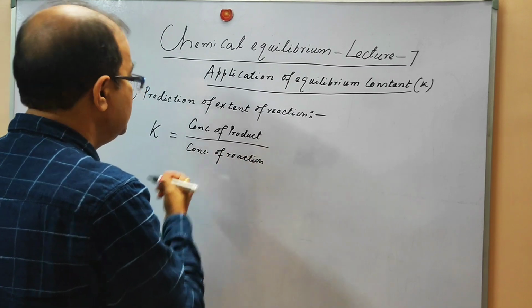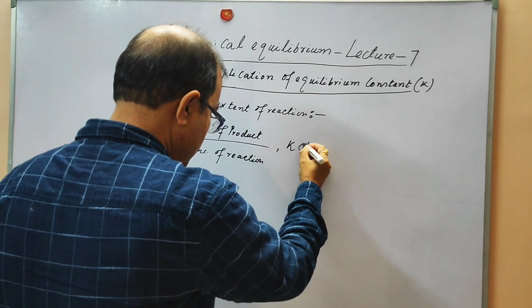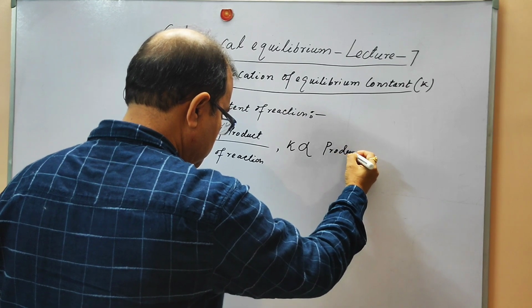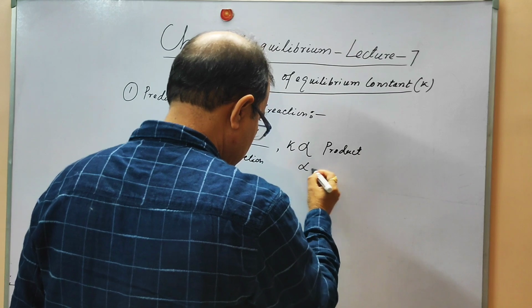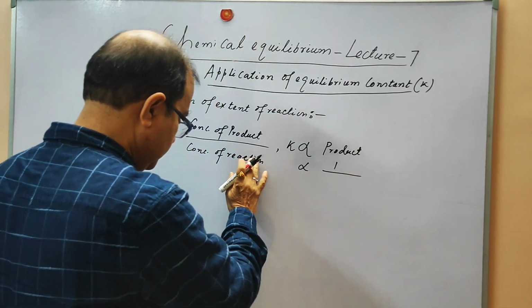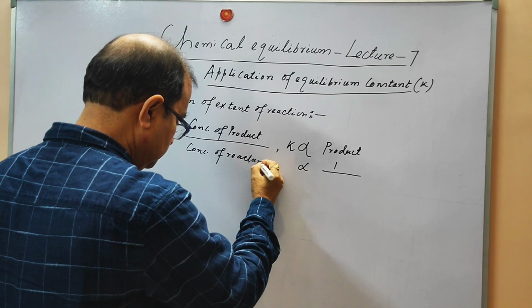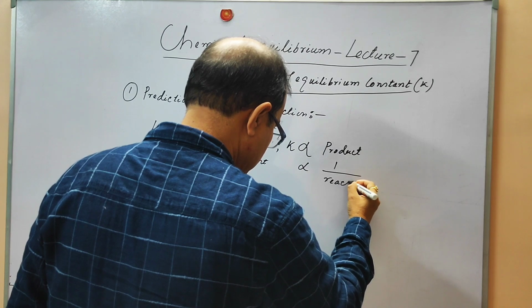So from this relation you can say that the equilibrium constant is directly proportional to the product and inversely proportional to the reactant.